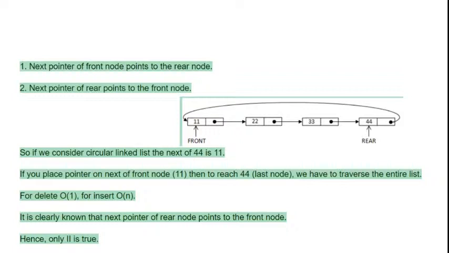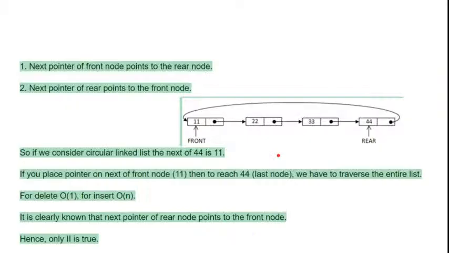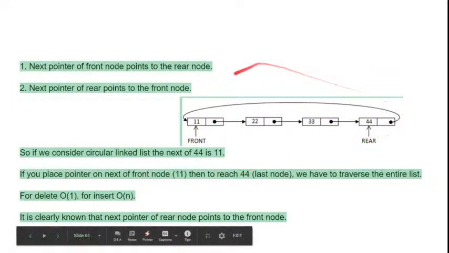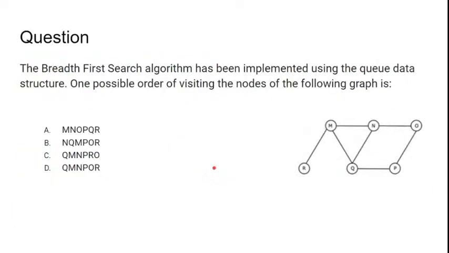It is clear the next pointer of the rear node must point to the front node. Hence only option 2 is correct, because they asked which one allows insertion and deletion in O(1) time. That means the rear node points to the front node. So second is true.